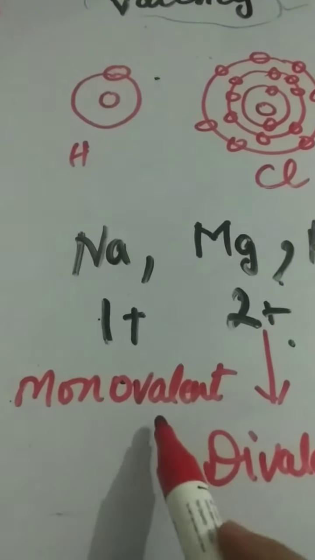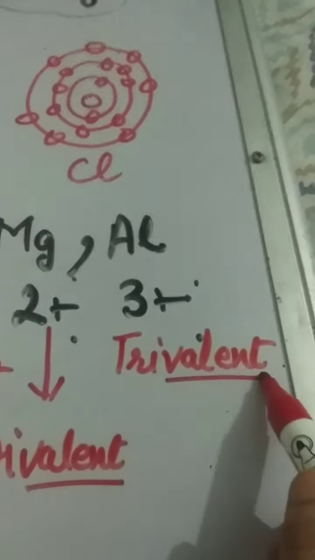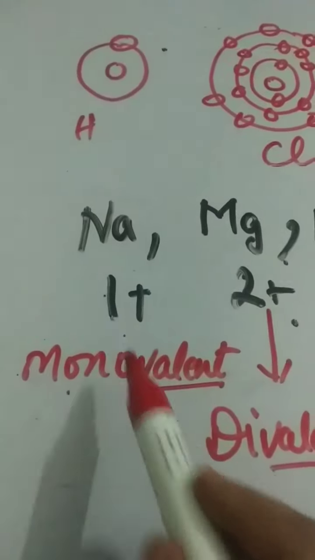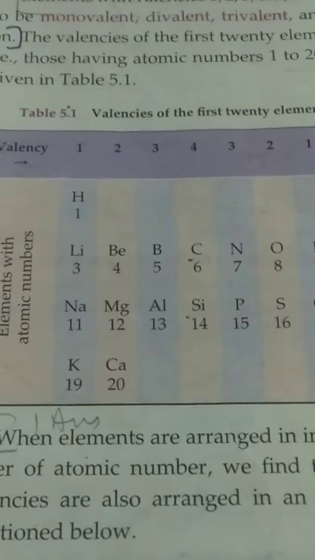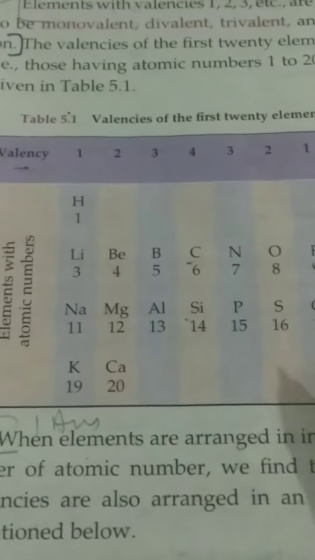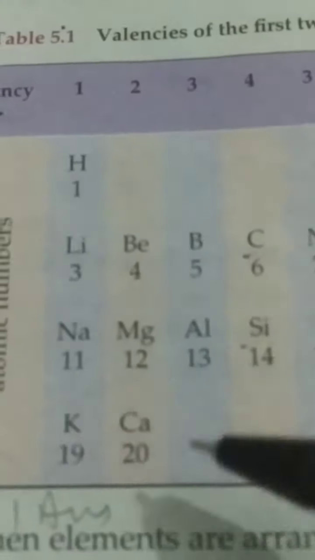Clear? Monovalent, divalent, trivalent. Mono means 1, di means 2, tri means 3. See in table 5.1, they have given the valencies of the first 20 elements.